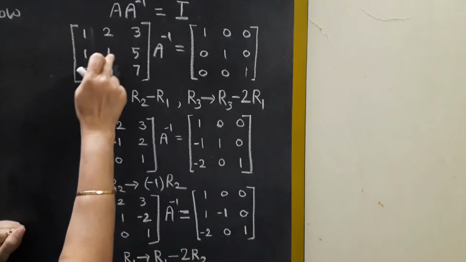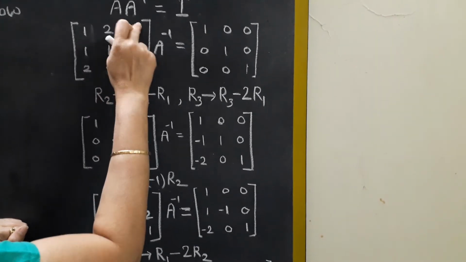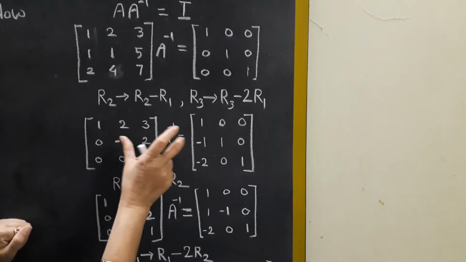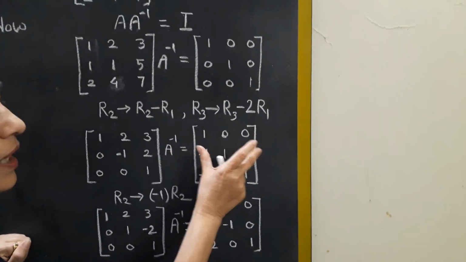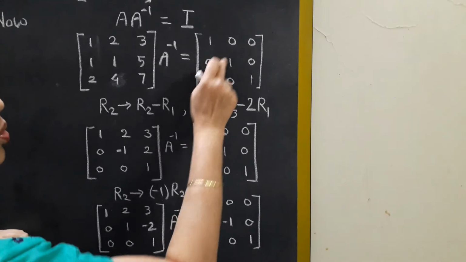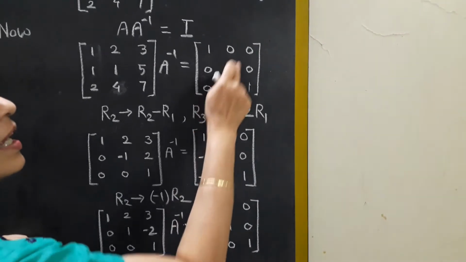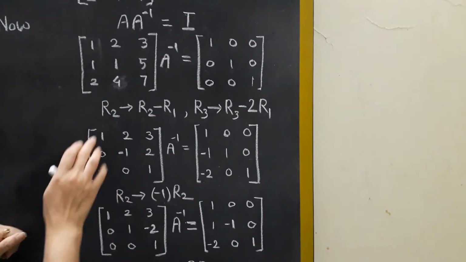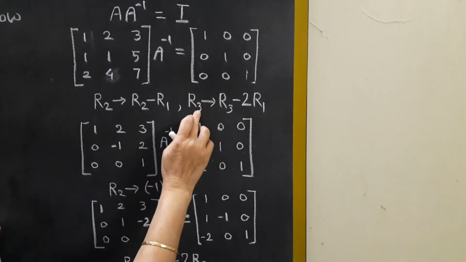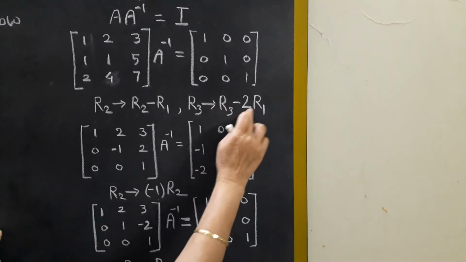So this is the transformation: R2 minus R1. So 1 minus 1, 1 minus 2, 5 minus 3. We have written the changes here. At the same time, we bring the same changes on the identity side, that is R2 minus R1: so 0 minus 1, 1 minus 0, 0 minus 0. Now R3 changes to R3 minus 2 times R1.